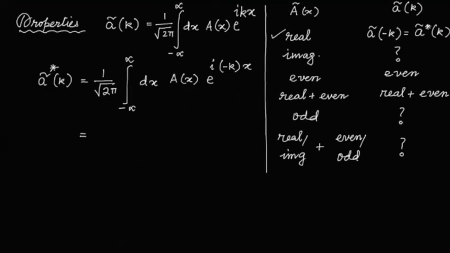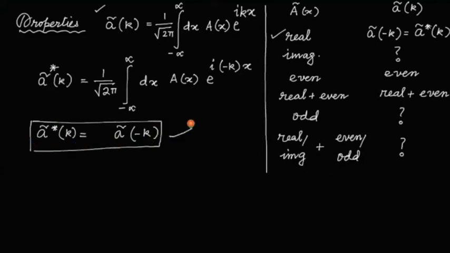See, this is exactly the same as the first relation, only k is replaced by minus k. So this should be a tilde of minus k. And as simple as this, you prove the first line here.